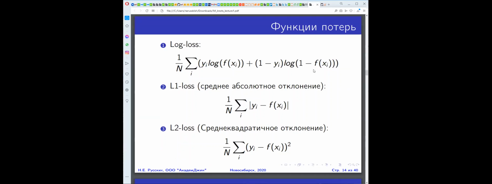So what kind of loss functions are there? For a binary classification task, the typically applied loss function is the so-called log loss.